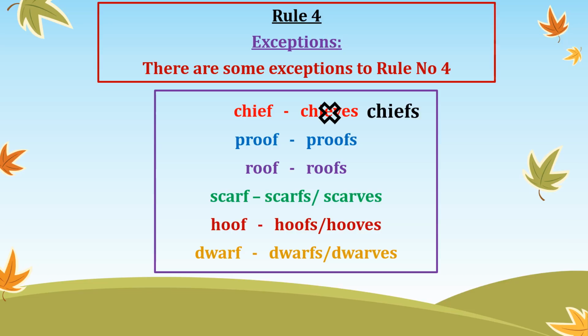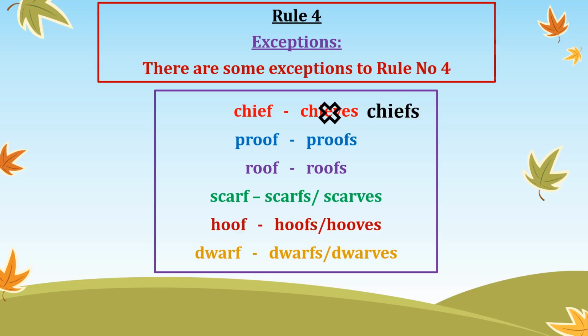It is not letting us do that. And this word says, I want my plural with just S. So, chief word's plural is chiefs. Just add S here. Same is the problem with this word proof also. It is not letting us cut F and is making its plural by adding S and becomes proofs.